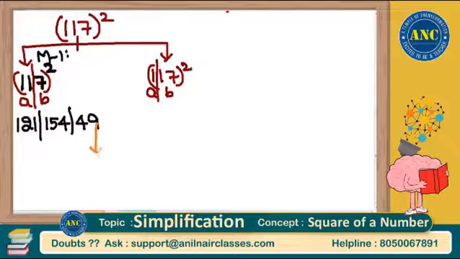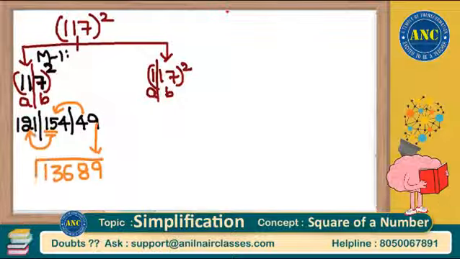Take down the unit digit 9, 4 is remaining, carry forward. 154 plus 4 is 158, unit digit is 8, 15 is remaining, carry forward. 121 plus 15 is 136. We got the answer for 117 square as 13689.